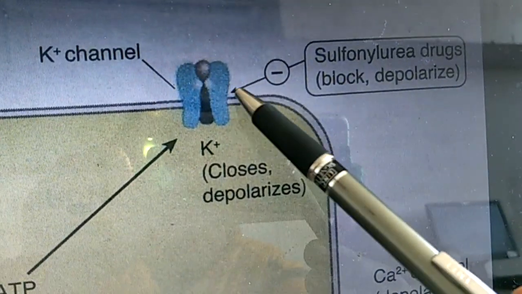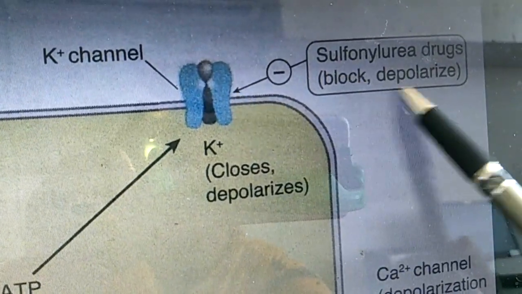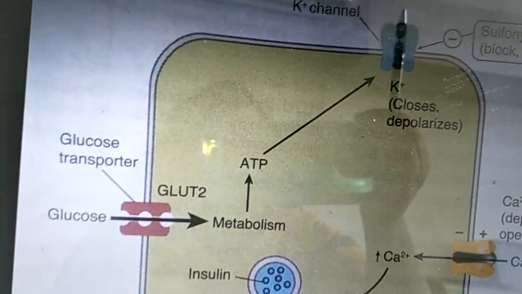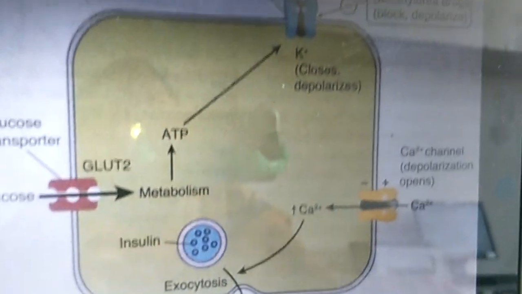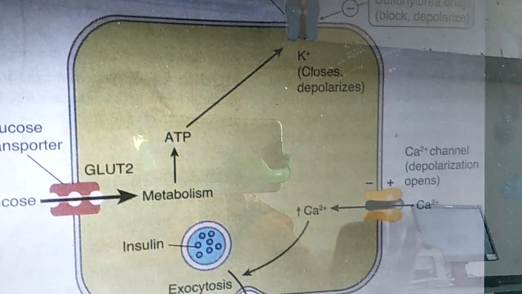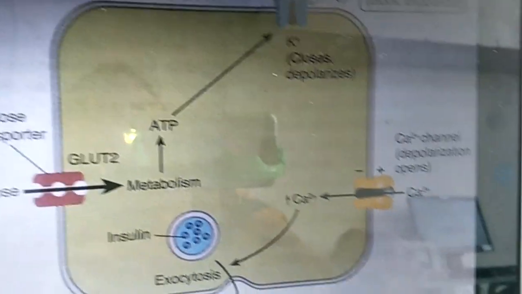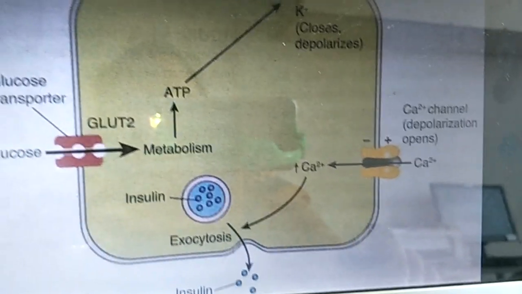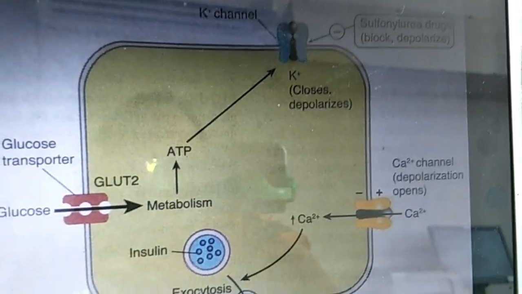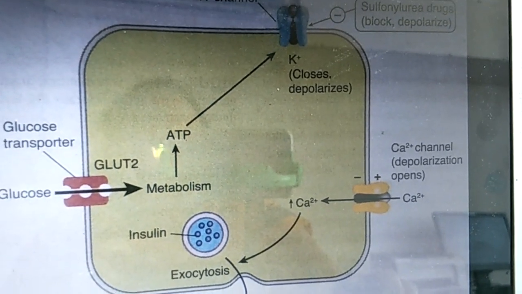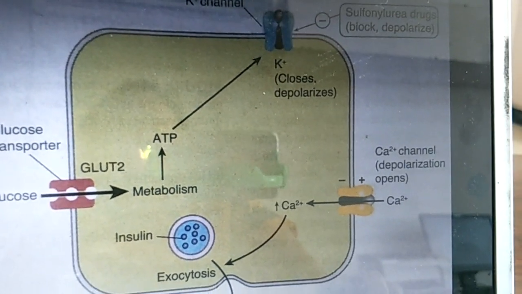They block these potassium channels and depolarize the membrane of the beta cells. So this is an important diagram. If you have a question on the mechanism of action of sulfonylureas, you will need to draw this diagram and explain it properly. We will refer to this diagram again with oral antidiabetics.